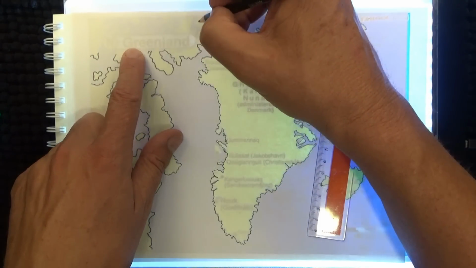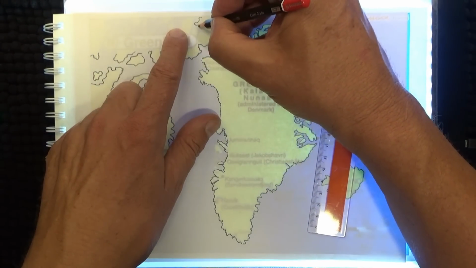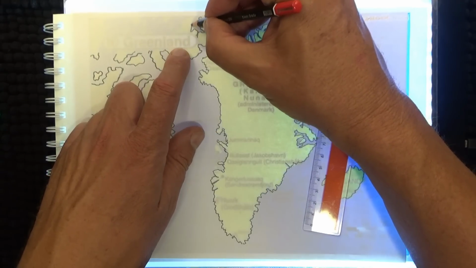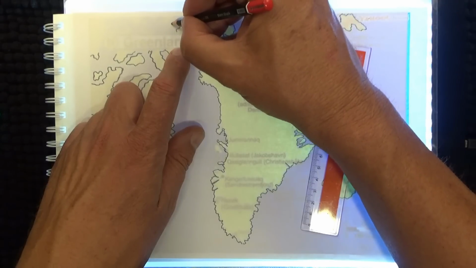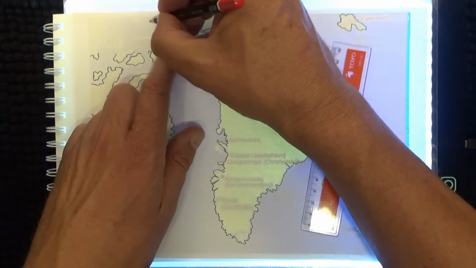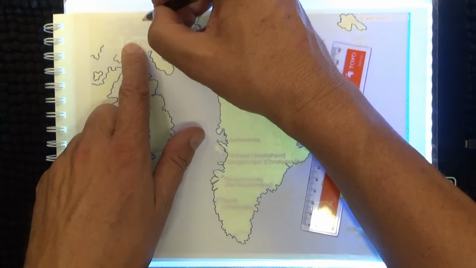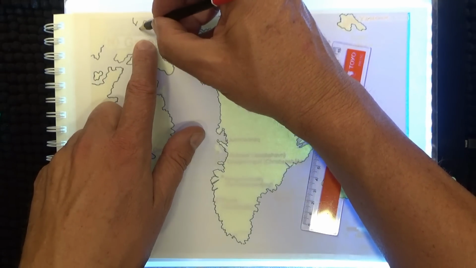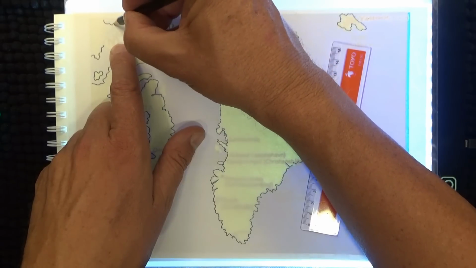There's lots of islands here to draw in for Canada. Some little islands. Hopefully I'm doing justice to all these little islands here.